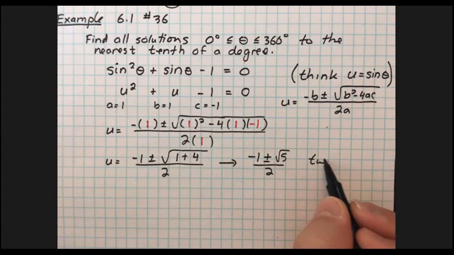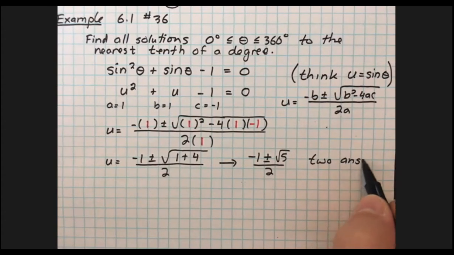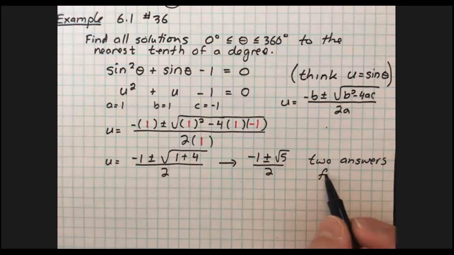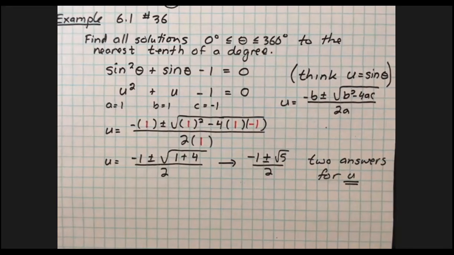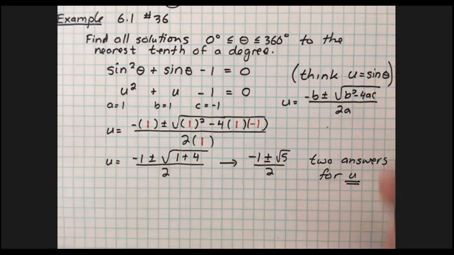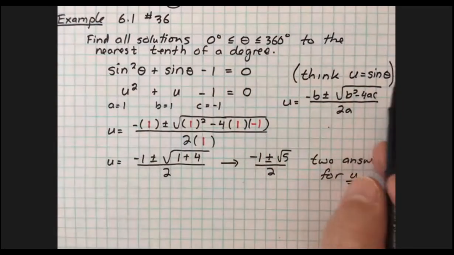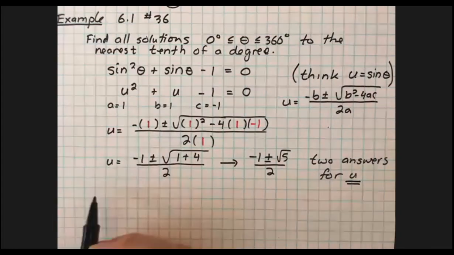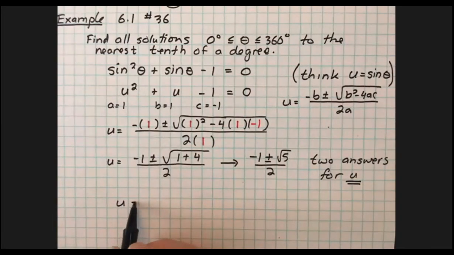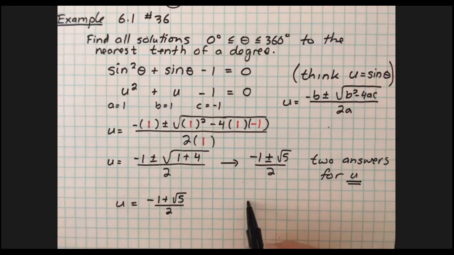Those are my two answers for u. That's just u. Remember, I'm solving for theta. So I need to replace the u. Let me write down my two u's here.